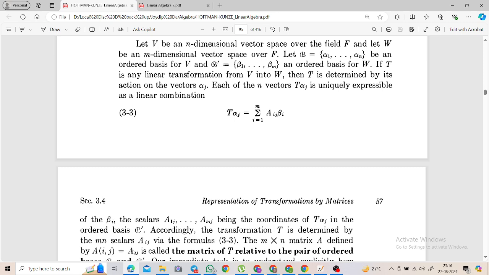Beta is a given basis of V and beta prime is a given basis of W. T is any linear transformation from V to W. Basically they are evaluating T at the basis of the domain and writing those images with respect to the basis of the codomain. Here T is evaluated at alpha j and written in terms of beta i's.